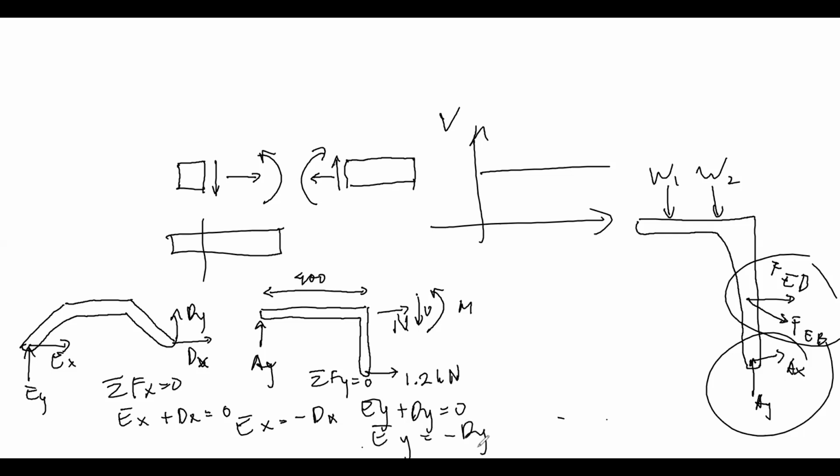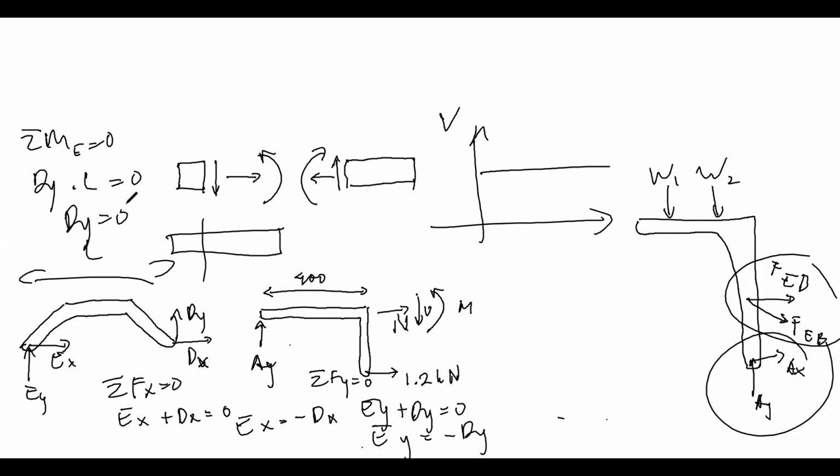If later you have to draw it, everything will be like this. Then if you use sigma moment at E equal to 0, what you will have there will be DY multiplied by the moment arm L. For example, this one is L maybe, I forgot the length just now, equal to 0. DY will be 0, right?